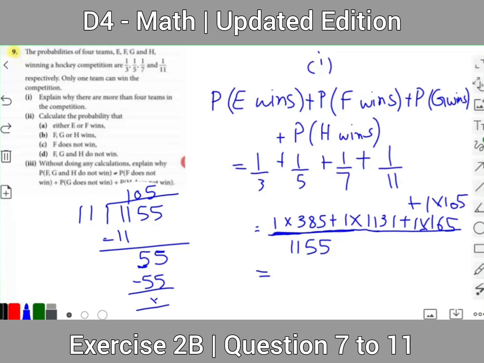So here we have 385 plus 1131 plus 105 plus 165. So here we have 886 over 1155. And that is less than 1.